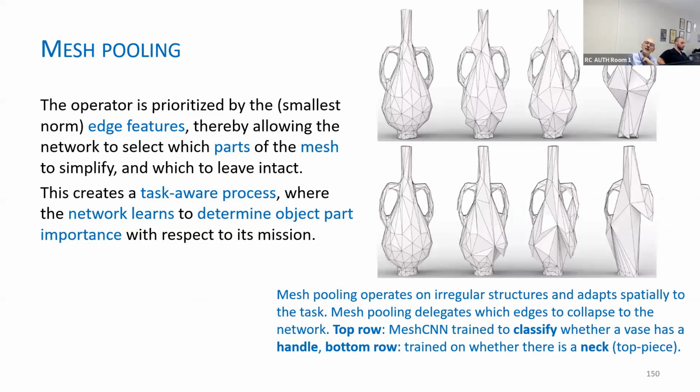And here you can see the meaning of performing this operation at different steps. Using this convolution and then mesh pooling, we can pass from the original mesh to simplified versions of the mesh.